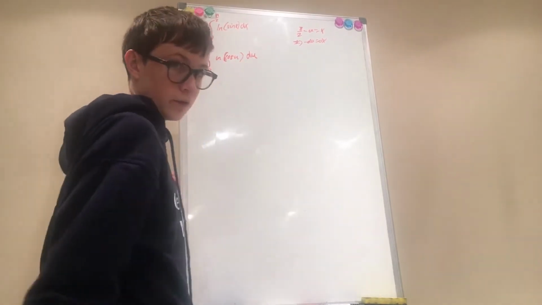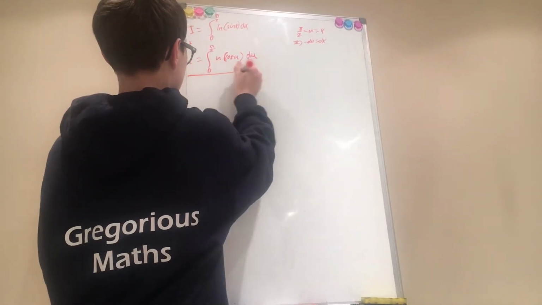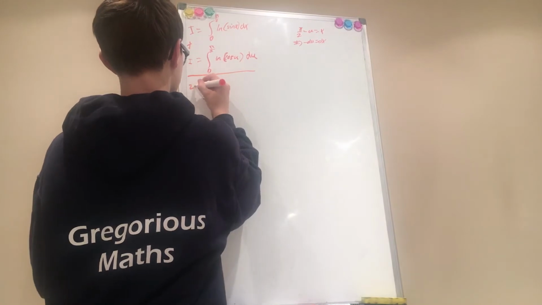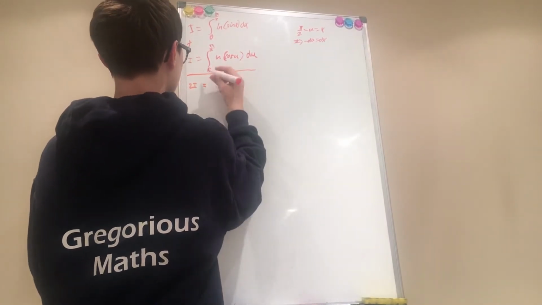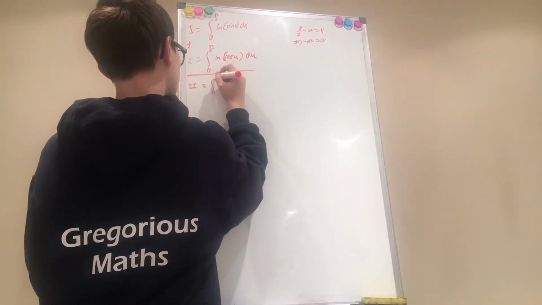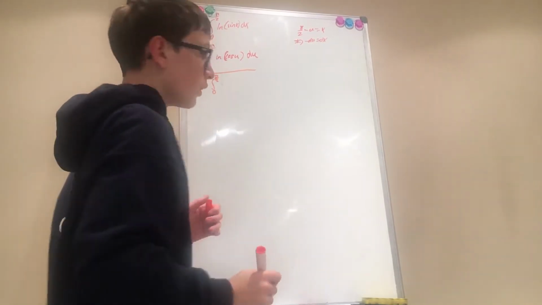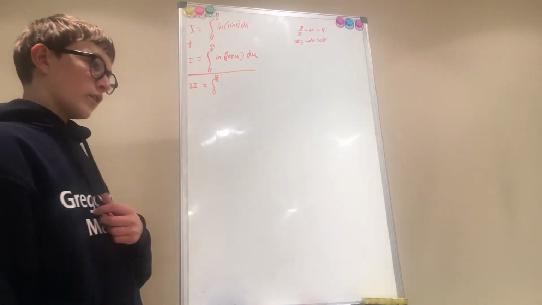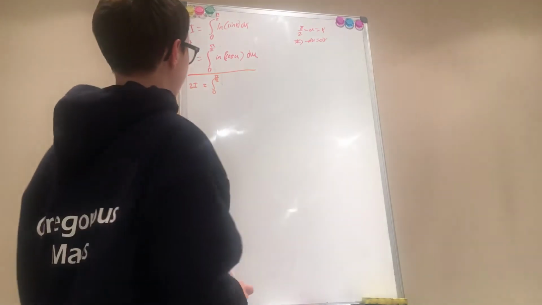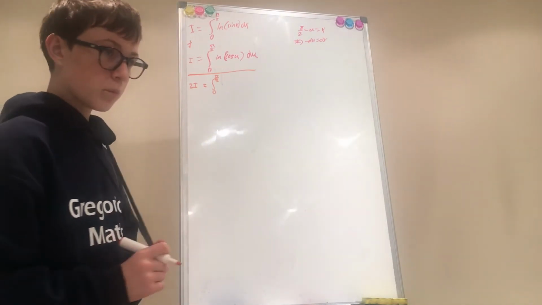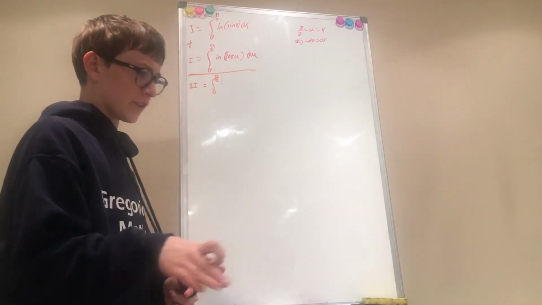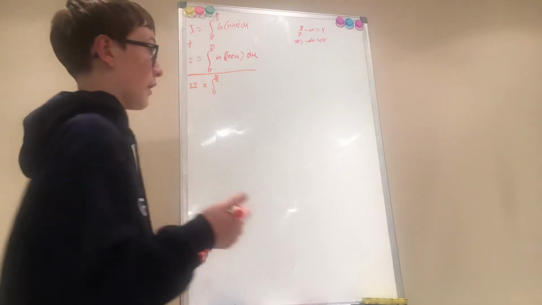We can put our little addition sign here. Okay? That means that 2I equals, again, the integral between 0 and pi over 2 of ln of sine x plus ln of cosine x dx. But what's ln of x plus ln of y? That's ln of xy.